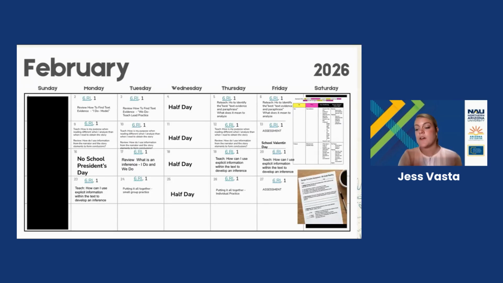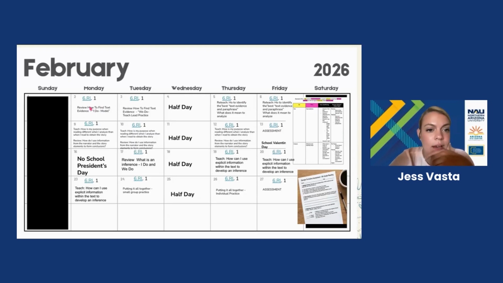Next, this is when your map becomes super helpful to you. So we've deconstructed our standards, we're breaking them down, and we've identified our reteach, review, and so on. And so that's when I start looking at the scaffolding section of my standard deconstruction and my review reteach.